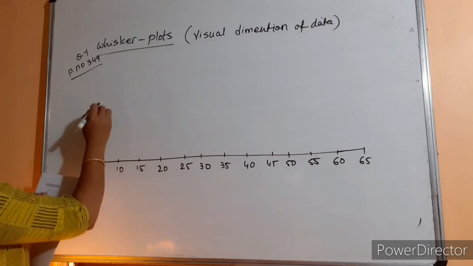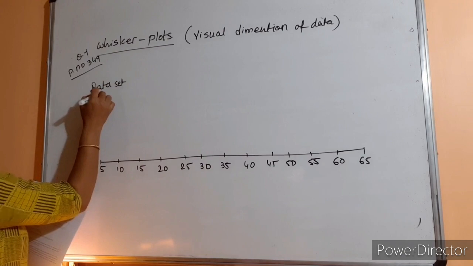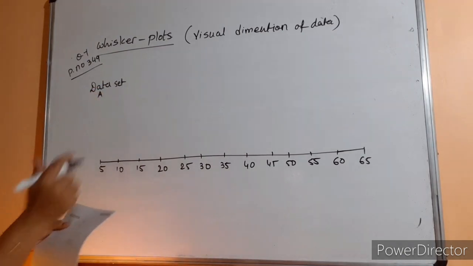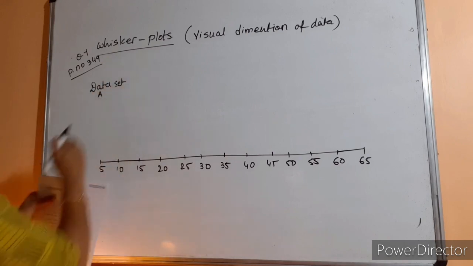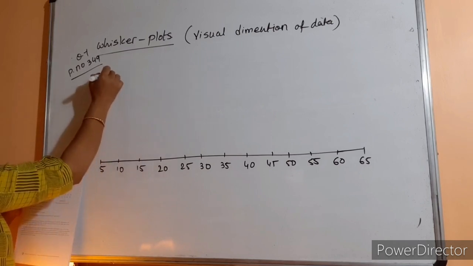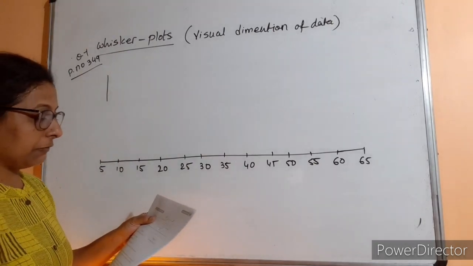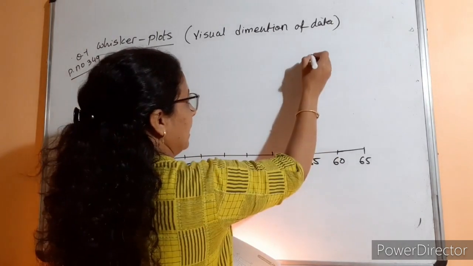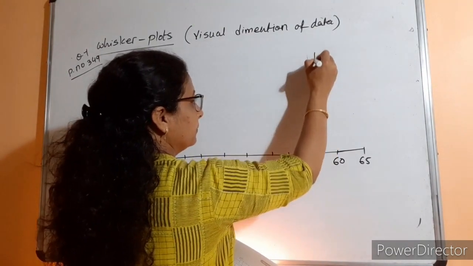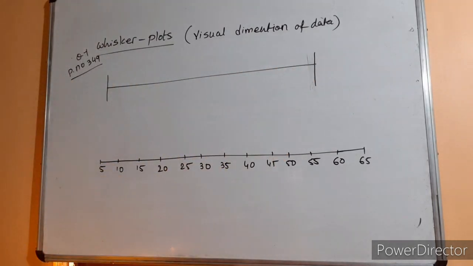Now for data set A, the graph is given here. The left whisker is between 5 and 10 and the larger whisker is at 55, not with exact dimensions. This is the first whisker plot graph.